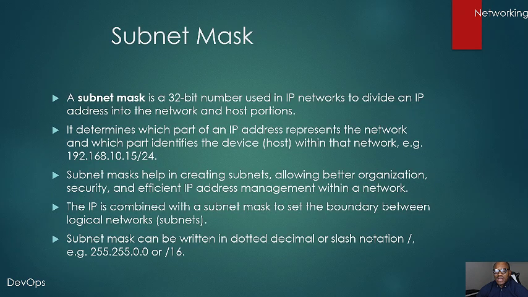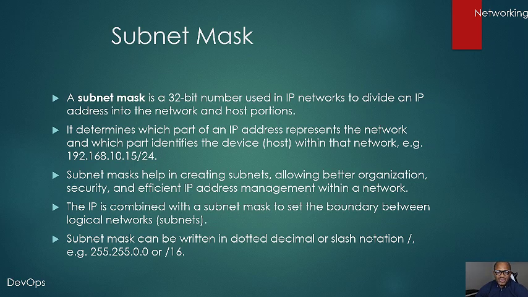So we have subnet mask. A subnet mask is used to set a boundary between the network address and the broadcast address. When you have an IP address, there will be a portion that is like the prefix, that is consistent, and there will be a host portion that can be assigned to all the devices on that particular network.